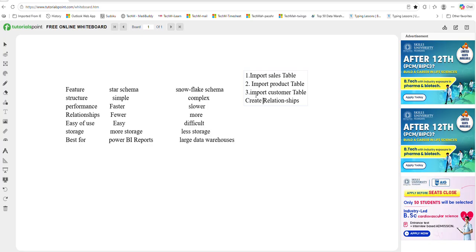This is the fourth point. And the fifth point is: connect all tables to the sales table.